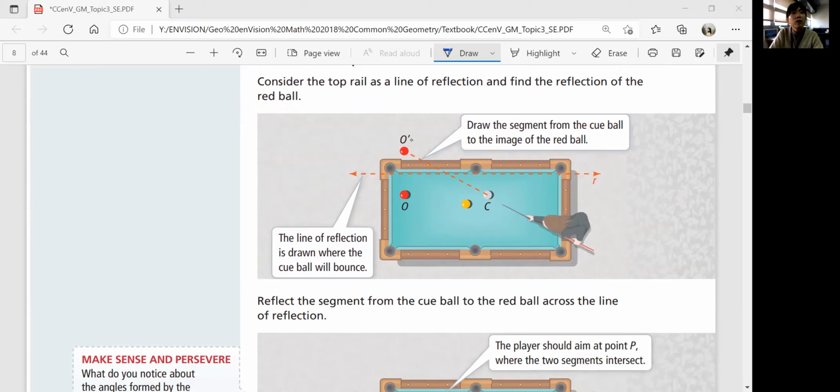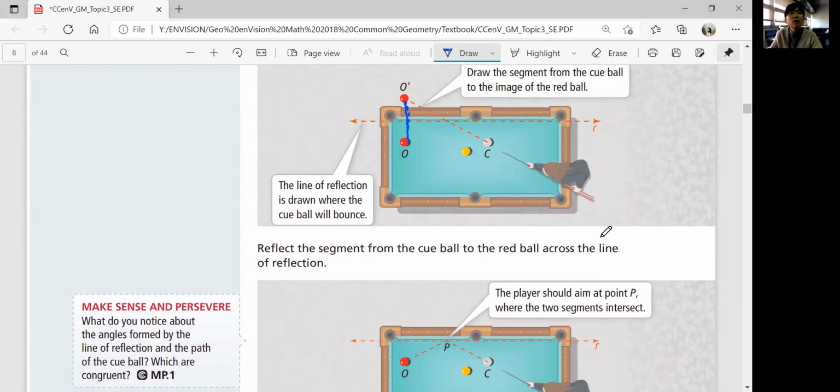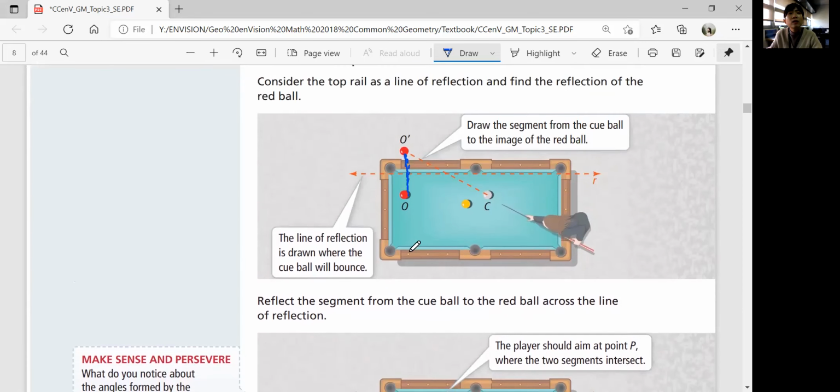That is your image for the line of reflection, okay? And then the line of reflection is drawn where the cue ball will bounce. So reflect the segment from the cue ball to the red ball across the line of reflection, so that you know the angle exactly, the point where it exactly hits the line of reflection, right?